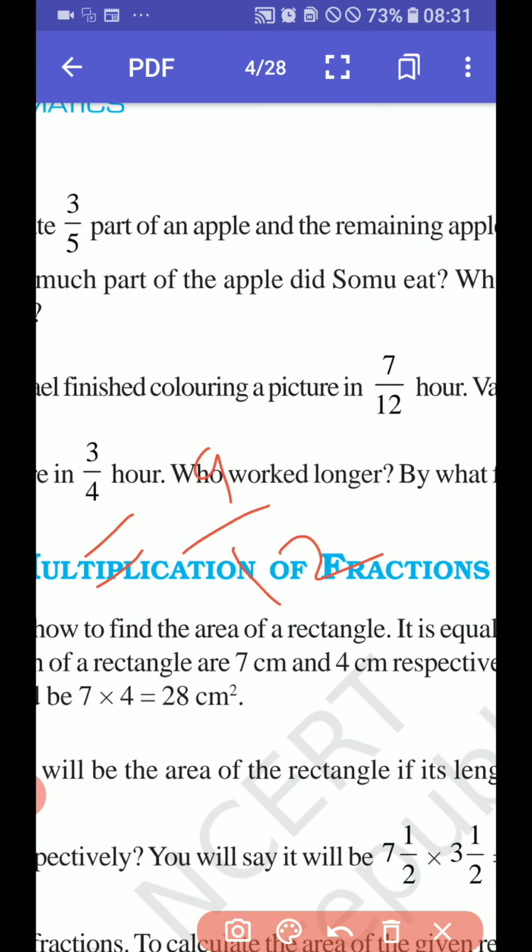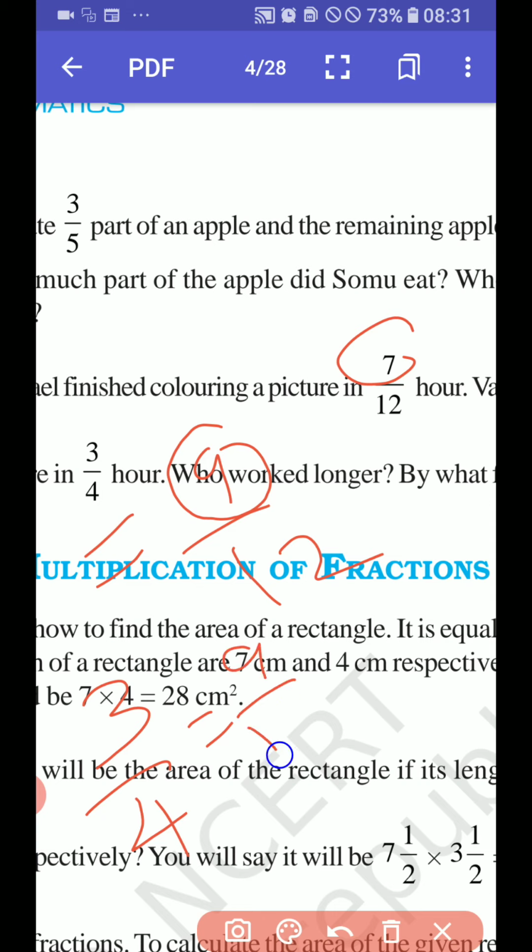In like fractions, the numerator of 9 upon 12 is greater than 7 upon 12. So the coloring hour of Vaibhav, which is 3 upon 4, means 9 upon 12, is greater than 7 upon 12. By how much?